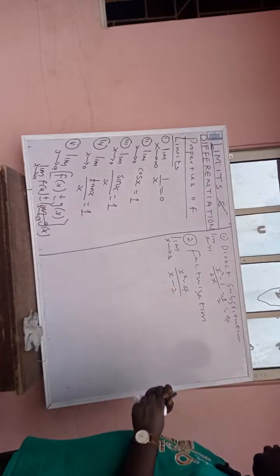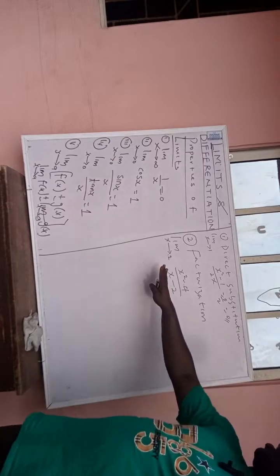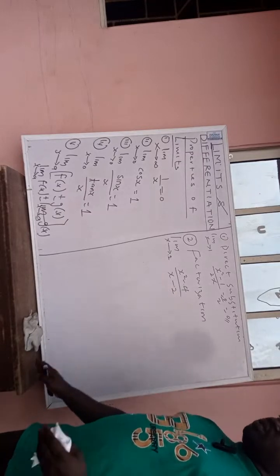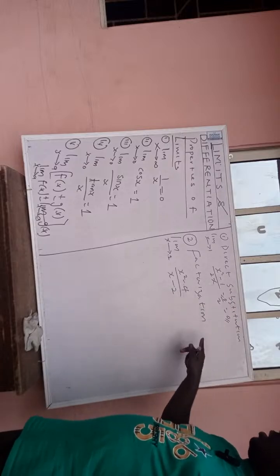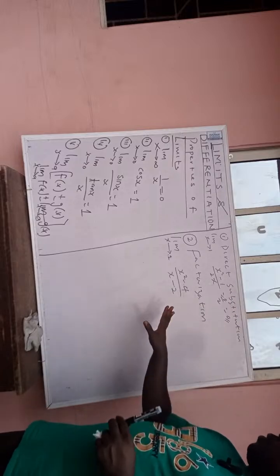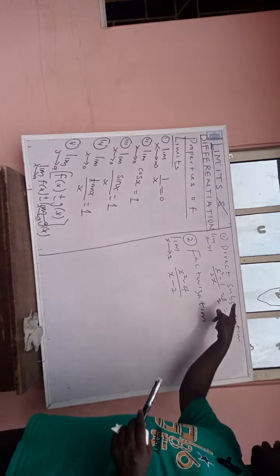Limit as x tends to 2. You are asked to evaluate this as x tends to 2. Remember, you cannot use direct substitution here. Let me explain this now. Why can you not use it? Why can't we do direct substitution?